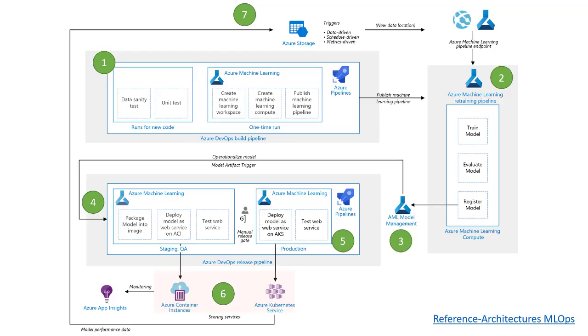So let's take a step back and see what this looks like at a higher level. Number one is where we collect the data and clean it up and have unit tests such as minimum, maximum values, or negative values, or data that does not fit with the rest of the data set.